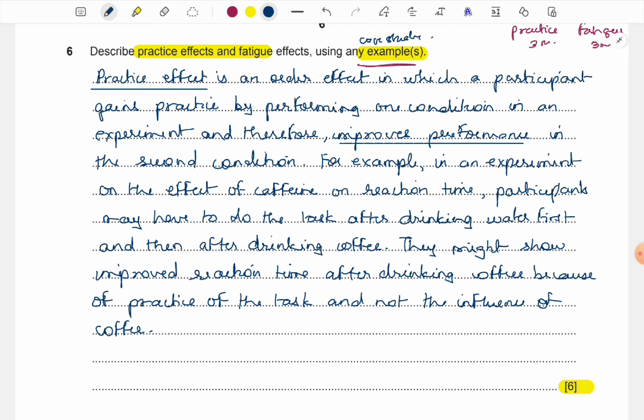So in my example I have included the elaboration, or it's inherent in the example, so I don't need to give it separately. But how some students will give an example is, participants will do better under coffee and not water. Why? What happened? I mean, what is making them do better? You have to explain that properly. So if your example is very limited, or you just, one more thing I'll point out.